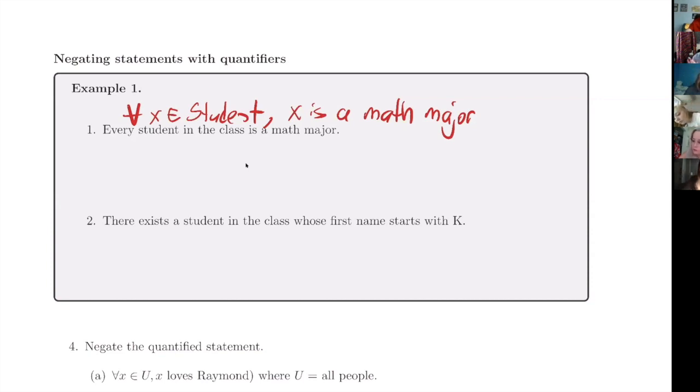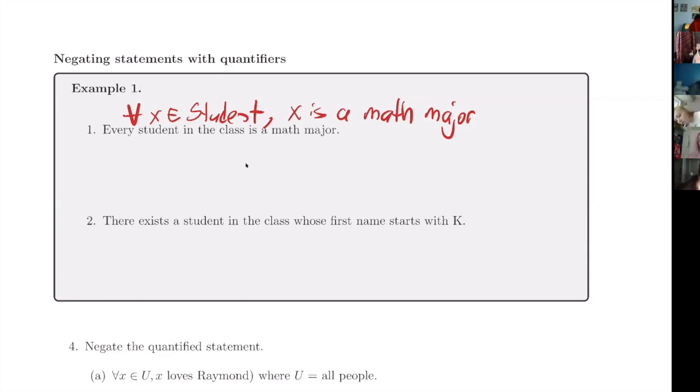Remember, one way that we can think about a negation is what would cause this statement to be wrong. Well, if there's just one student that's not a math major, then it's wrong. That's right. So we don't need a whole lot of students that aren't math majors to prove this. We just need one.